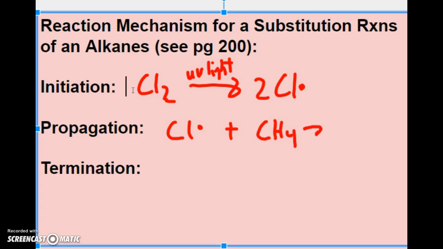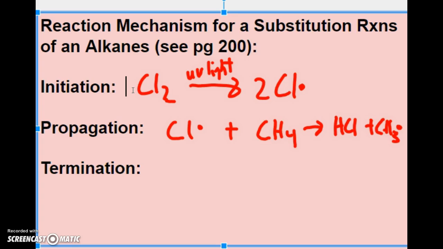And the products have to give me another free radical plus a substitution. So what's going to happen here is this chlorine is going to take a hydrogen so that it can become HCl, and then it's going to leave behind the free radical CH3 with an open spot.